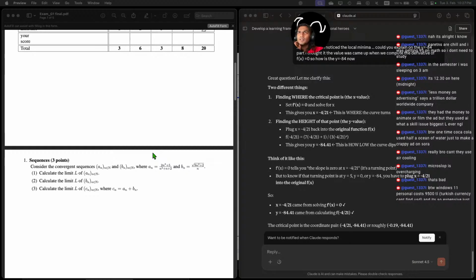I mean, convergent, I heard the name. Calculate the limit L of a_n, n belongs to N. Calculate the limit of b_n. Calculate the limit where c_n equals a_n plus b_n. Is n here the natural numbers?